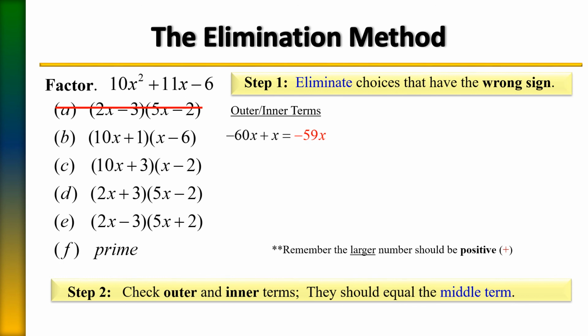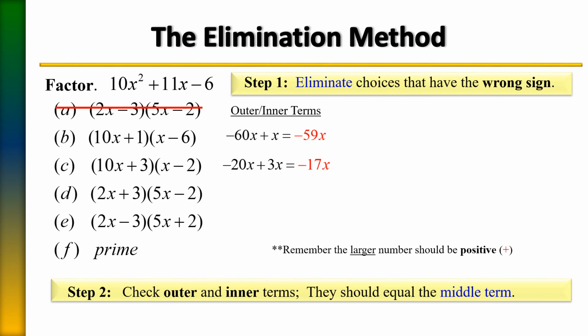When we combine those, we get negative 59x. No, that is not our middle term. So it cannot be B. Let's move on to C. Outer, negative 20x. Inner, 3x. Combine those two together, that's going to give me negative 17x. That's not my middle term either, so it can't be C.